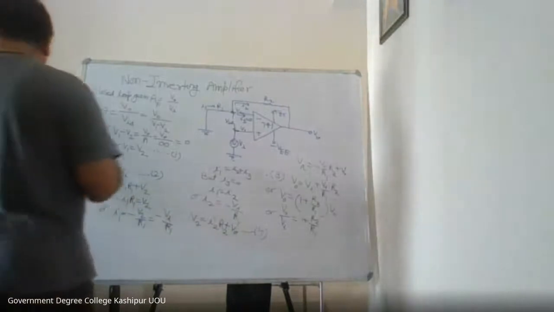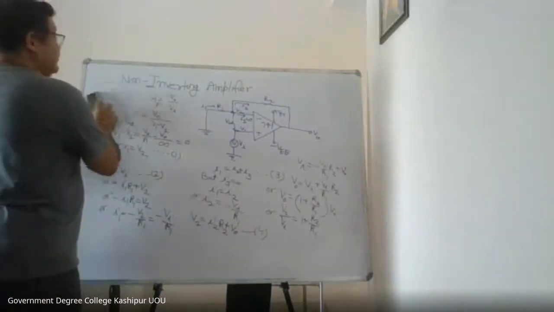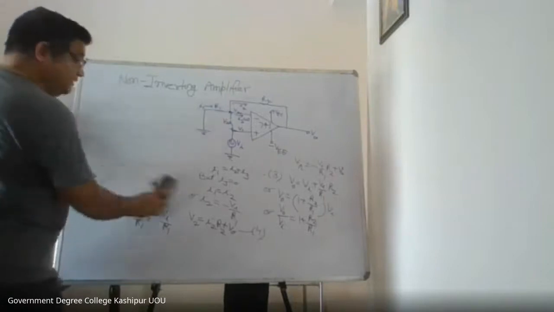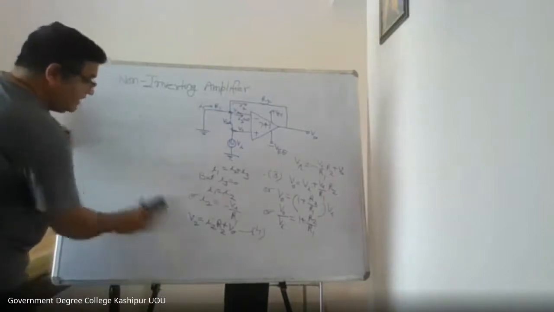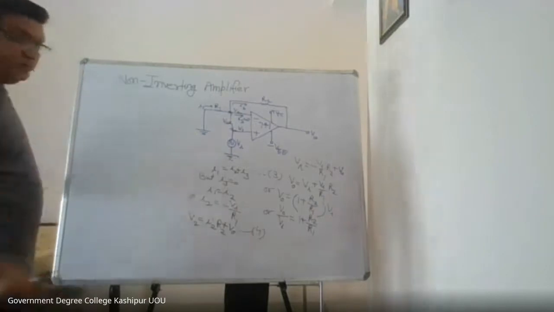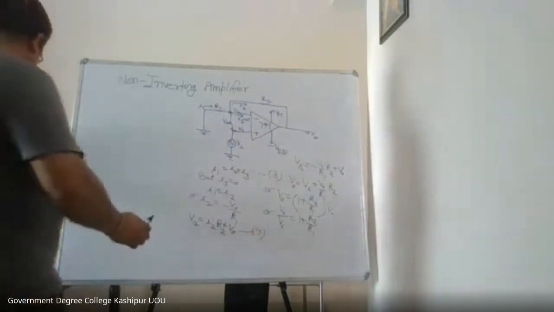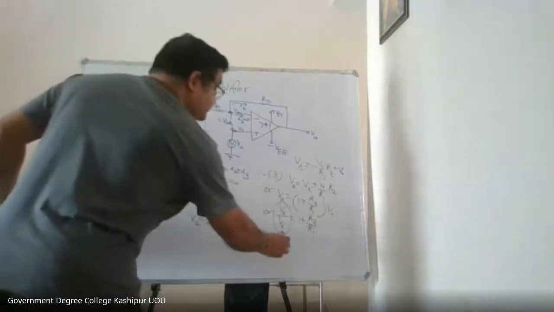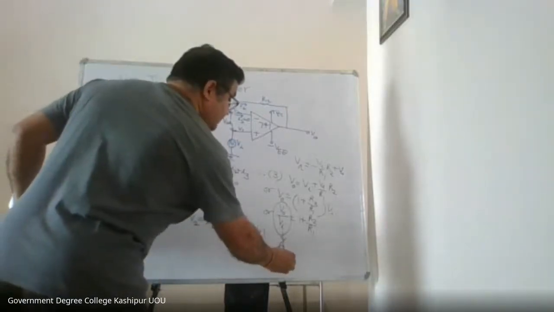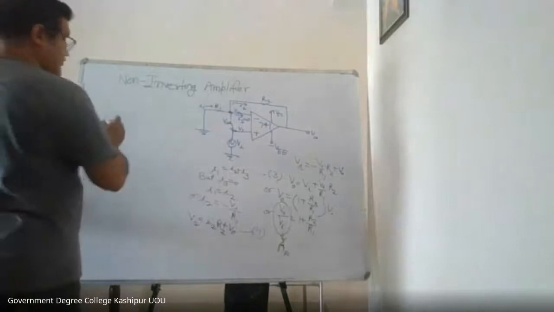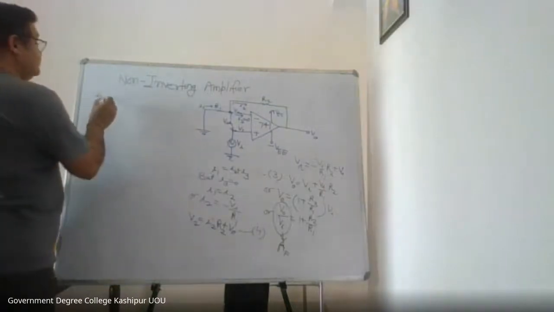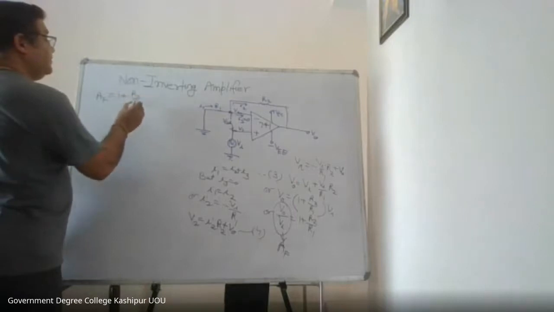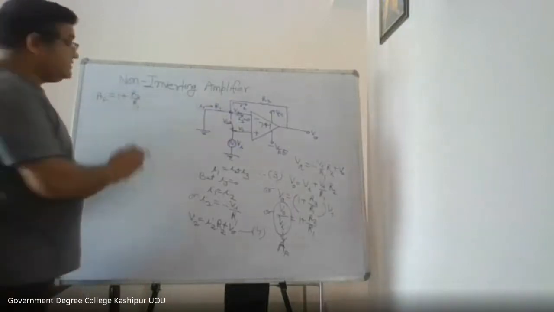Now let us discuss the gain. VO upon Vi equal to 1 plus R2 upon R1. Now what is this VO upon Vi? This is AF, the gain. We can say AF equal to 1 plus R2 upon R1. So this is the gain.